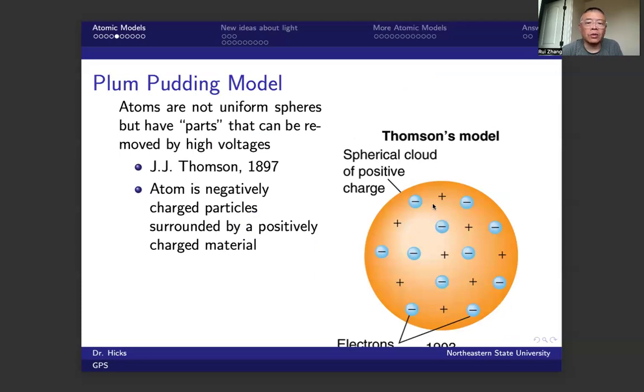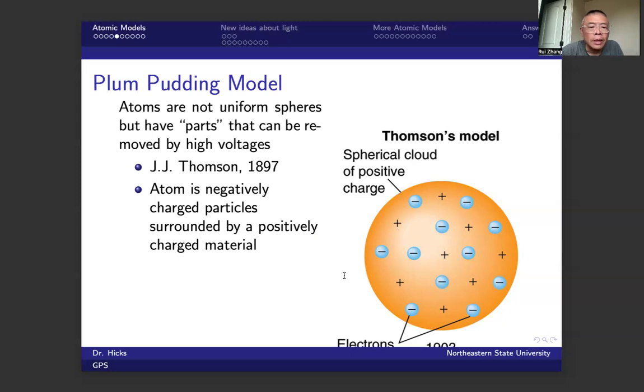Because the electron has negative charge and the whole atom, as people know, is neutral, Thomson proposed that an atom is made of electrons spread out in a positive charge background. All the positive charge is uniformly distributed in the atom, and the electrons are like the plums in the pudding.